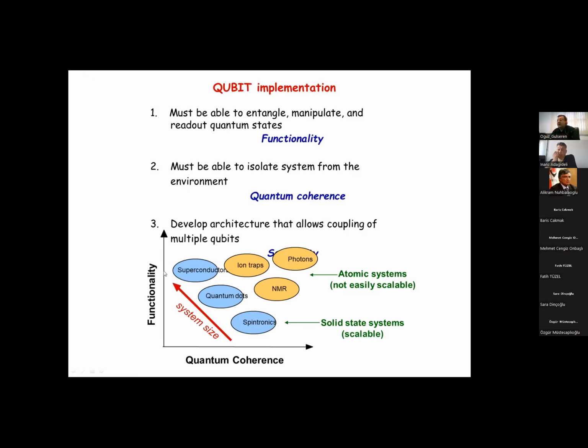This diagram just summarizes different approaches. While some have a long coherence time, they are not easy to scale the system and so on. From these different approaches, today I'll go through the ones with superconductor qubits. They have reasonable scalability, coherence, and functionality.